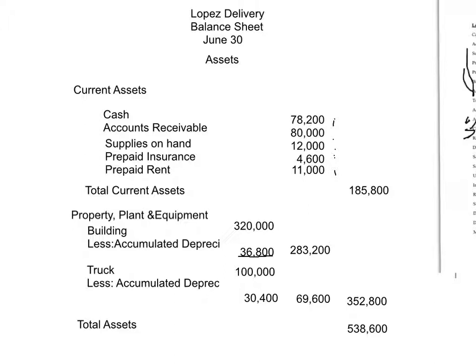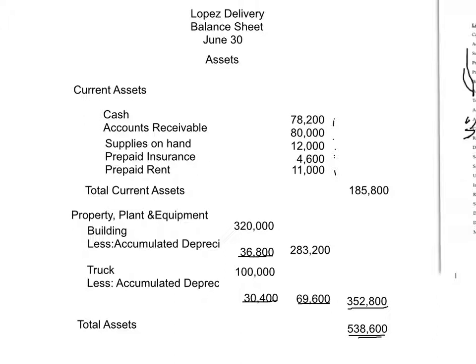Then truck less accumulated depreciation, and we have $69,600. So therefore the total of these two assets, the building and the truck, is $352,800, and therefore the total assets are $538,600. And those are the assets.